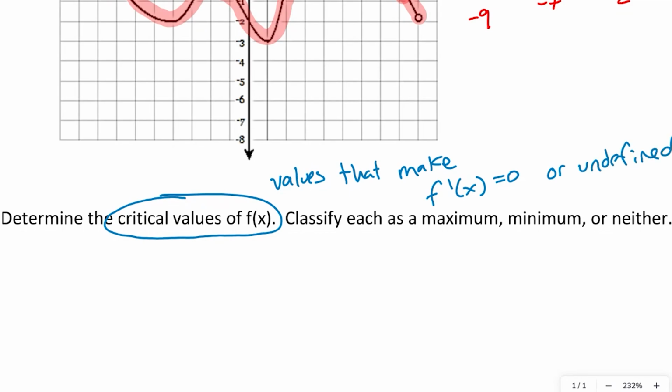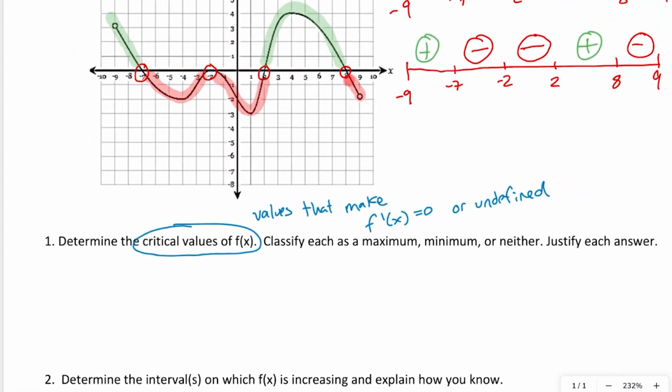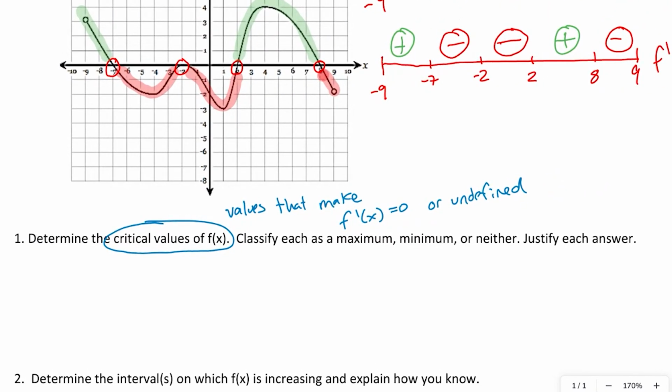In this case, there's no sharp corners or anything, so it's never going to be undefined. So all of the values that we see here, we have a critical value at -7, -2, 2, and 8.